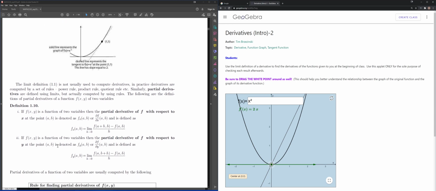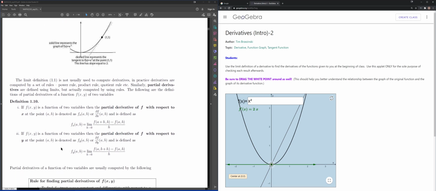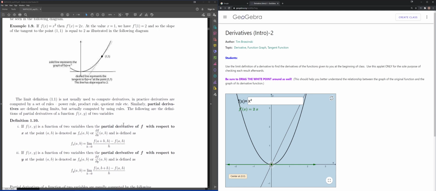Now likewise, we define the partial derivative at a specific point a, b again via a limit definition.